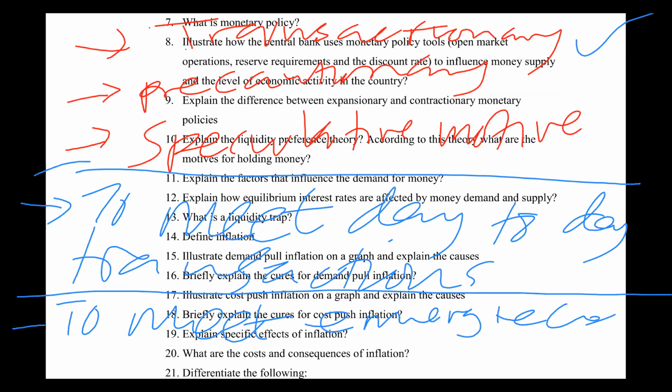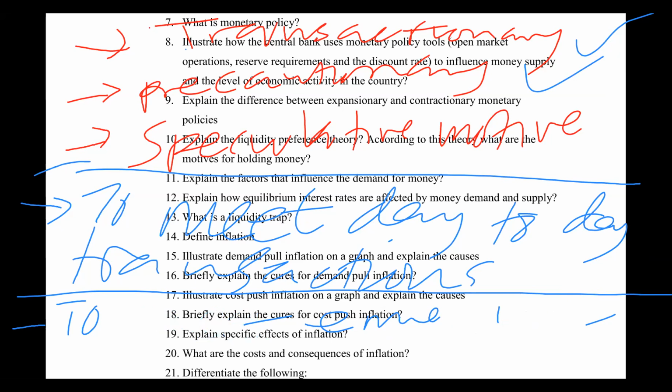According to Keynes, John Maynard, people keep money so that they can meet emergencies, those transactions that are usually unforeseen. Is that clear? That's the precautionary motive of holding money. Yes, sir.